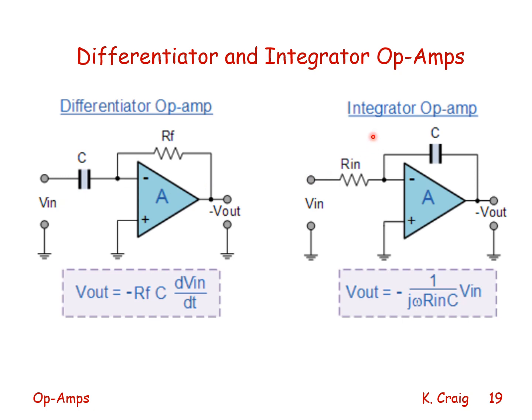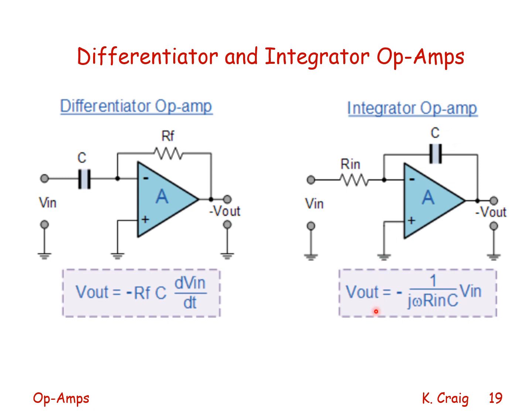This is the integrator op amp. Again, this is an inverting op amp, ideal, where the feedback resistor has been replaced by a capacitor, replacing the capacitor by its impedance, 1 over CS, again, where S is the differential operator.